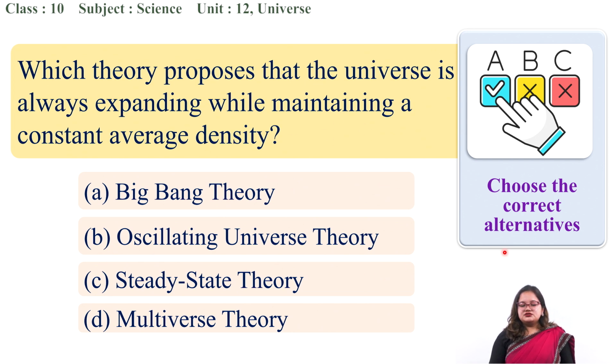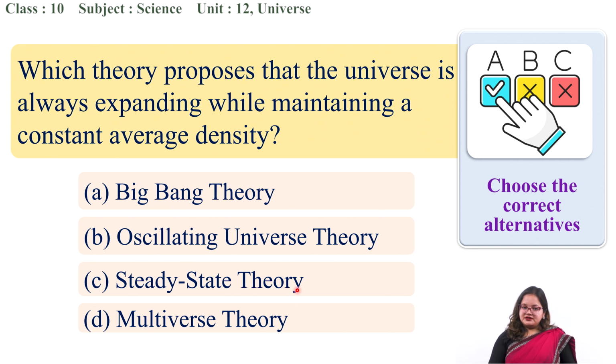Another is oscillating universe theory. We did not study this, but oscillating universe theory means, according to this theory, the universe has lots of cycles of contracting and expanding. So this is again wrong, because we are talking about always expanding. Another is steady state theory.